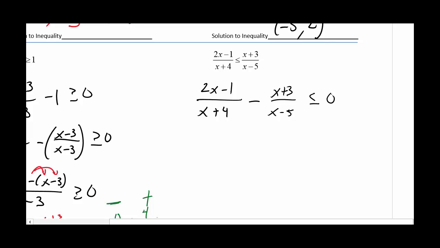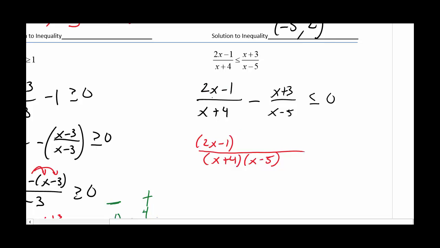Now I need to find a common denominator. Unlike fractions are nice in that it's always easy to find a common one. I'm just going to multiply the two denominators together, and then multiply each of the numerators by the thing that was missing.